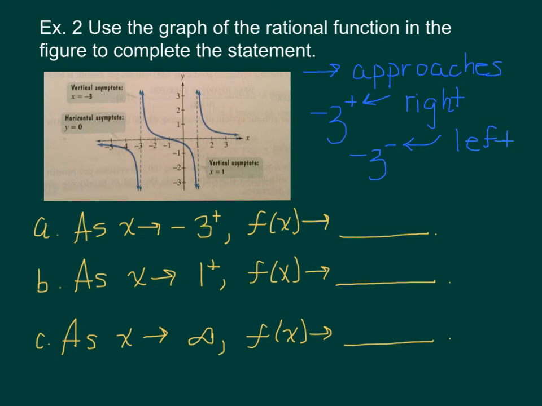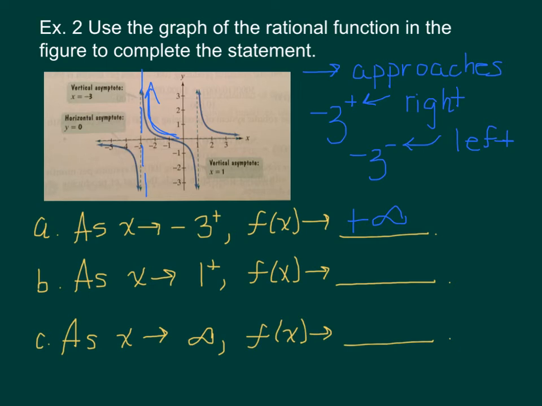All right, so let me show you how to read example A. As x approaches negative 3 from the right, so here's negative 3. If we're approaching it from the right side, f of x, that means your y values are going up to positive infinity.